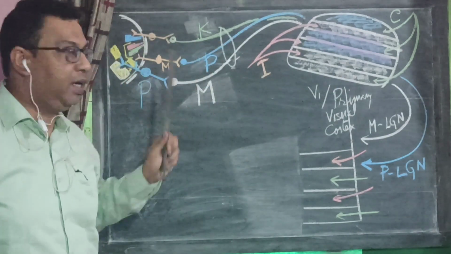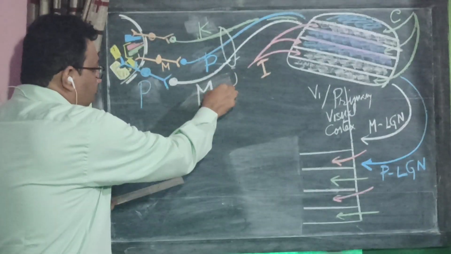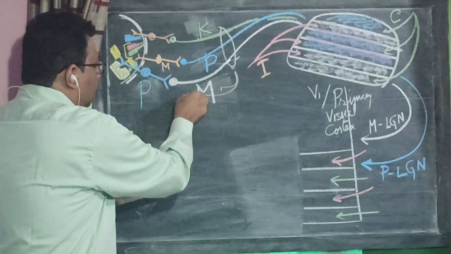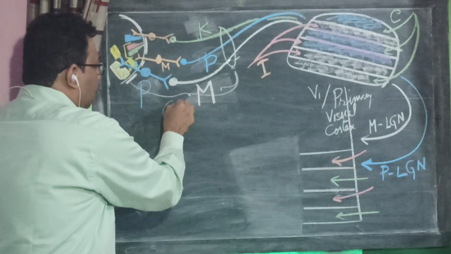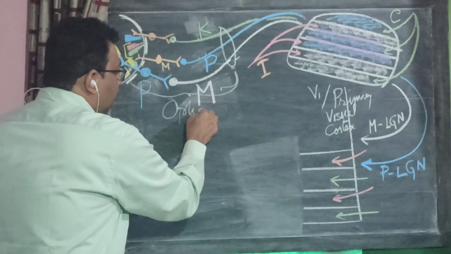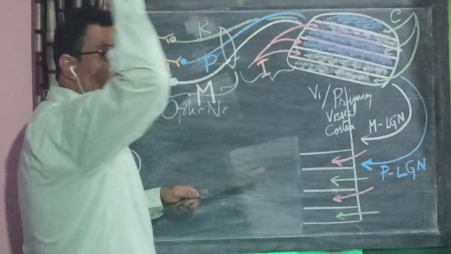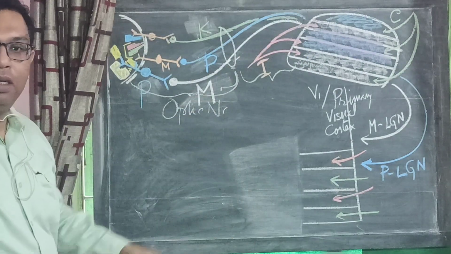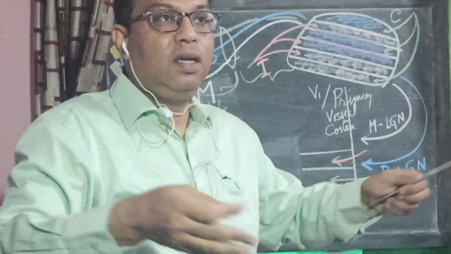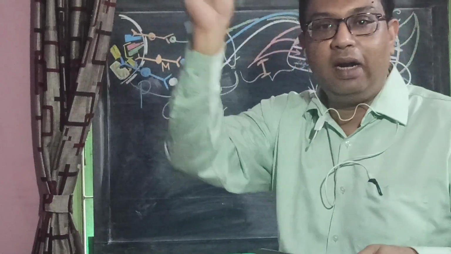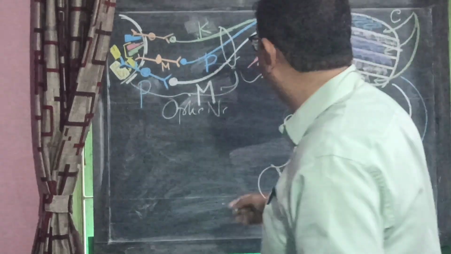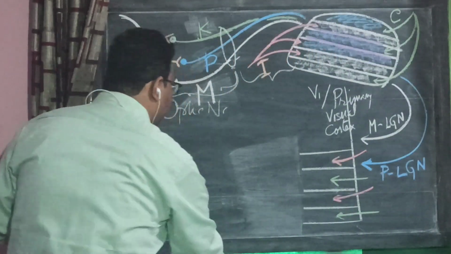So beyond here is the optic tract. Here to here is the optic nerve, and from here to the lateral geniculate body, after the convergence of ipsilateral temporal fibers and contralateral nasal fibers, you will have the optic tract.